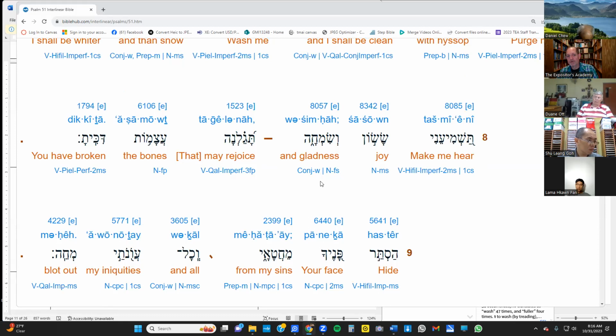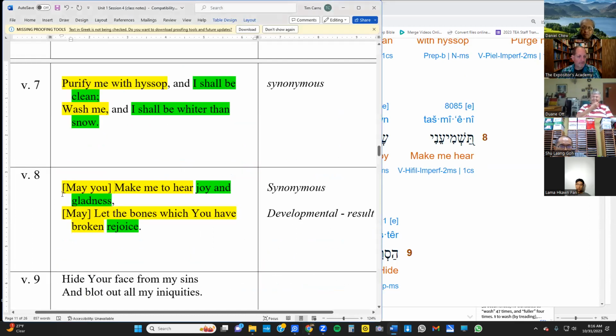So this would be an interpretive issue that you'd have to look at in more detail, either with commentaries or to get some other help with this. Unless you know Hebrew. But I think the Hebrew does express the idea of may you make me. So more of a prayerful consideration.